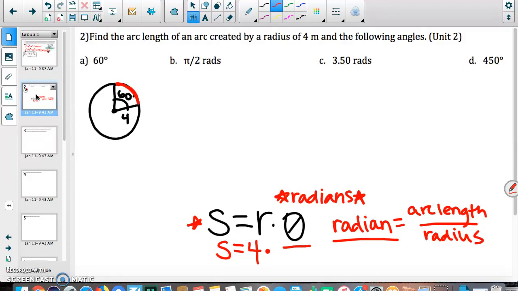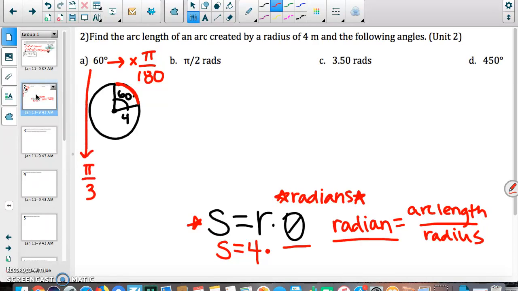So let's quickly convert 60 degrees into radians. If you don't know off the top of your head what that equals, you could multiply it by pi over 180. However, most people I think will start to remember from your unit circle, 60 degrees is just pi over 3 radians.